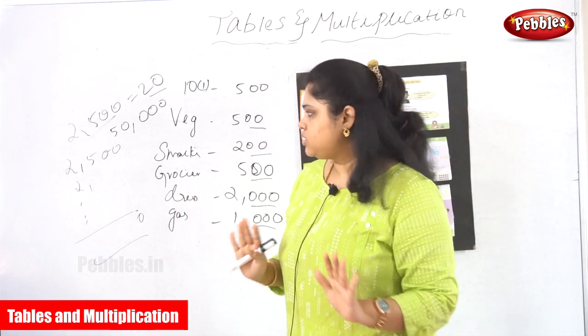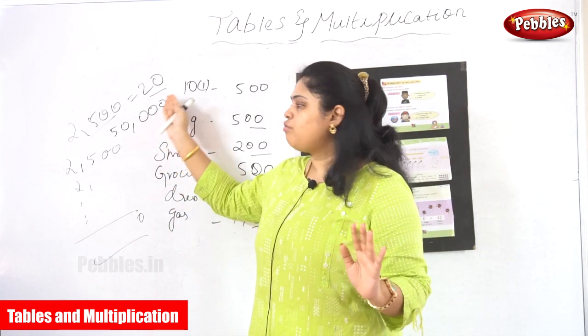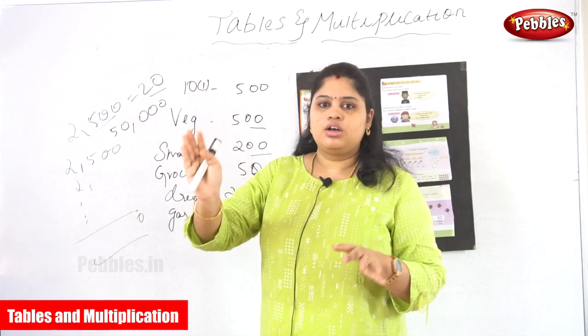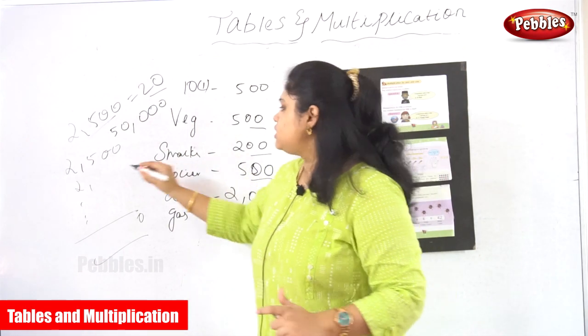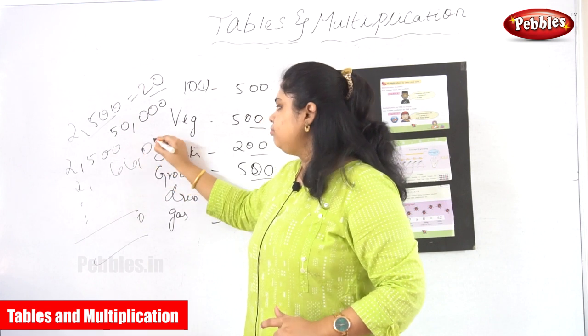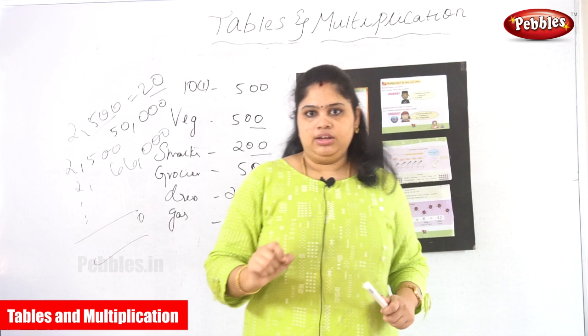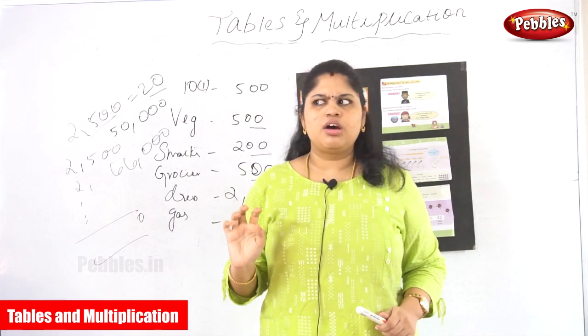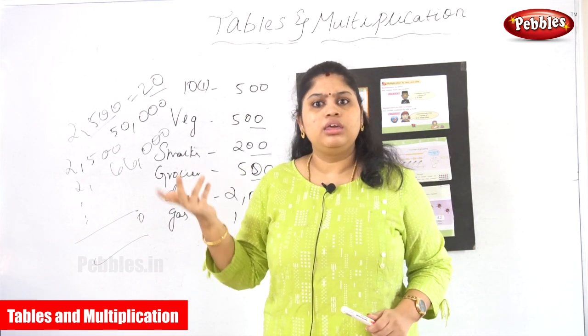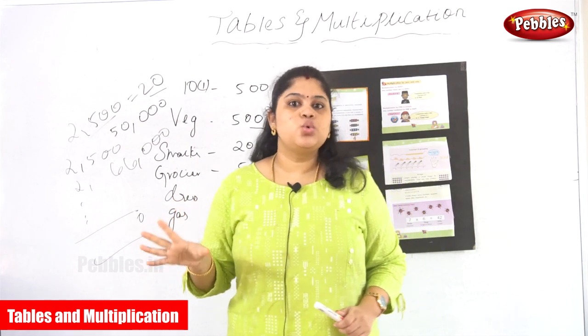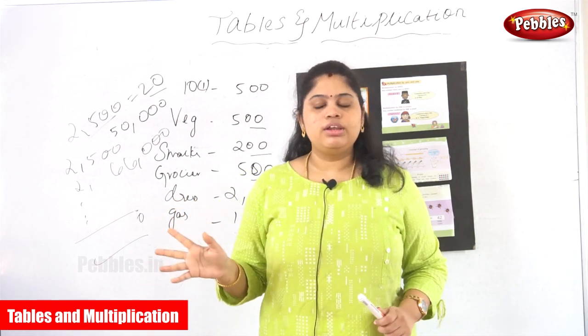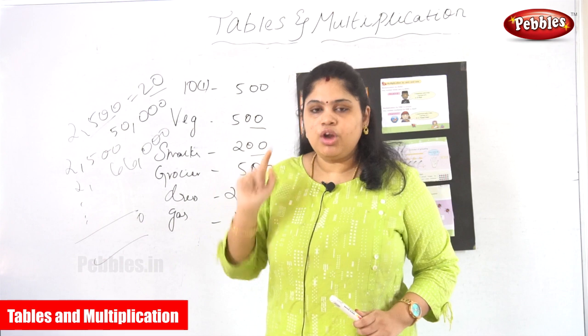So what I am telling is very simple. For example, instead of 50,000, if the shopkeeper told you it's 66,000, you may feel it's quite a higher price. Of course you will feel it's quite high. So how are you going to check it?